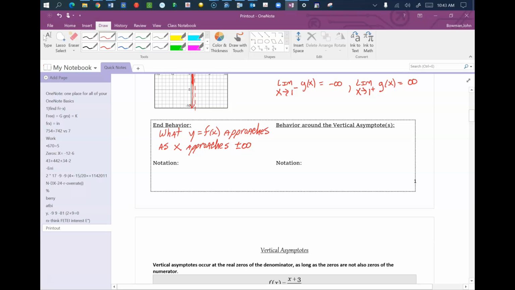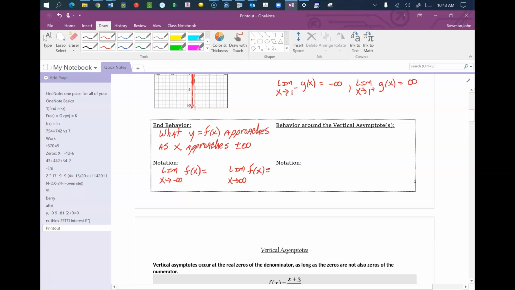And the limit notation for that looks like this. The limit as x approaches negative infinity of f of x, and you state what that's equal to. The limit as x approaches positive infinity of f of x, and you state what that's equal to.